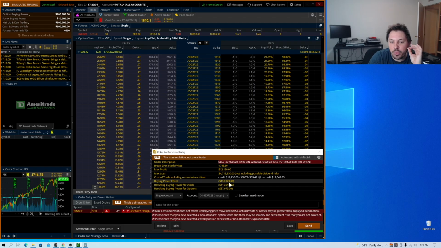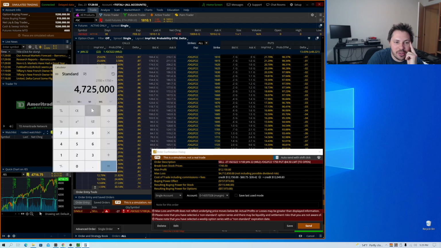So remember, we're trying to buy $4.8 million of gold at a discount, and the buying power effect for selling these puts is only $157,000. So think about what that actually means in terms of the percent return. We're getting a $12,150 credit, which might not seem like a lot until we look at that $12,150 credit on the cash that we put up in terms of margin if this expires worthless, right?